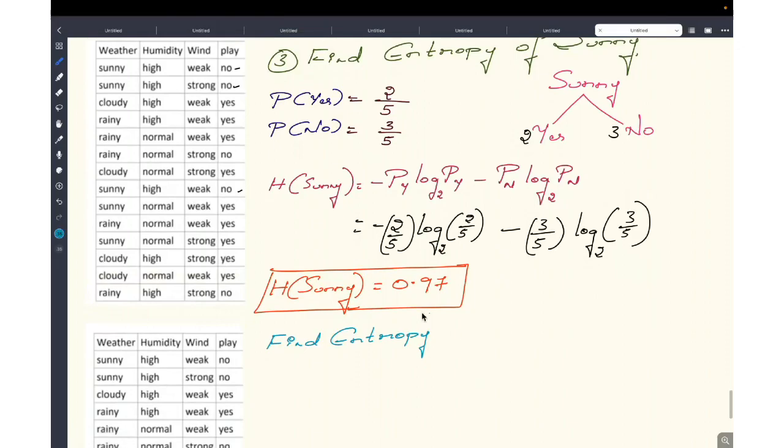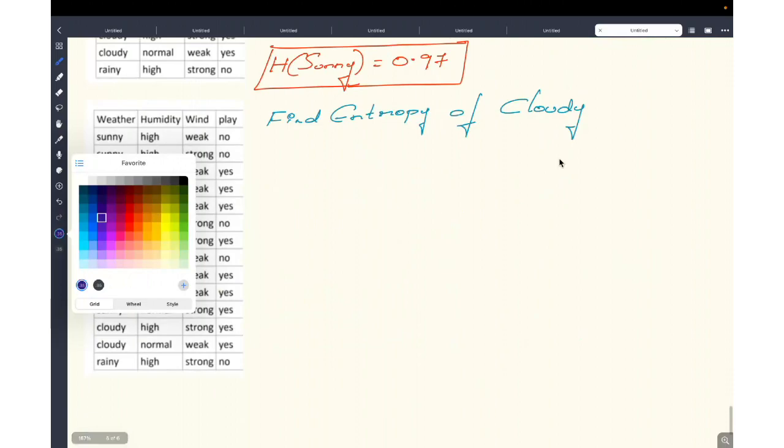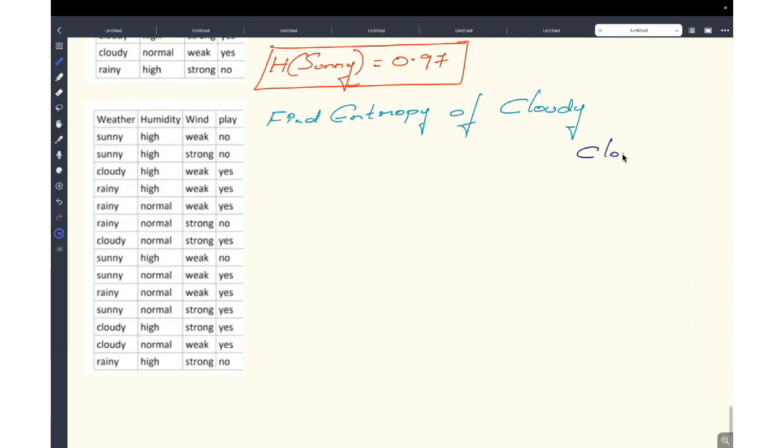Let me finish this. So we'll go for the entropy of cloudy. Tell me how many yes, how many no for cloudy. Cloudy, four yes. If you're smart enough, you can answer it directly.